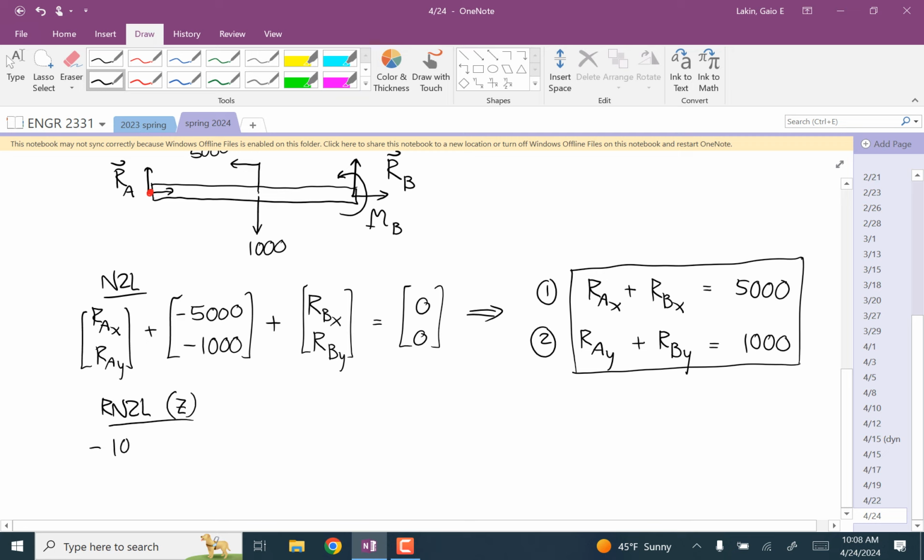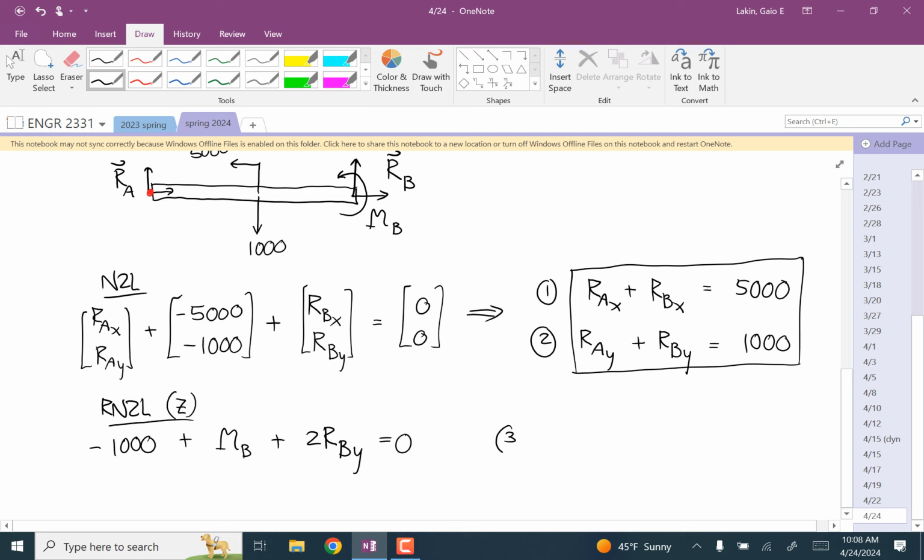So that's negative 1,000 plus MB plus a counterclockwise moment with a moment arm of 2 and a force magnitude of RBY. So plus 2RBY. And that's equal to 0.